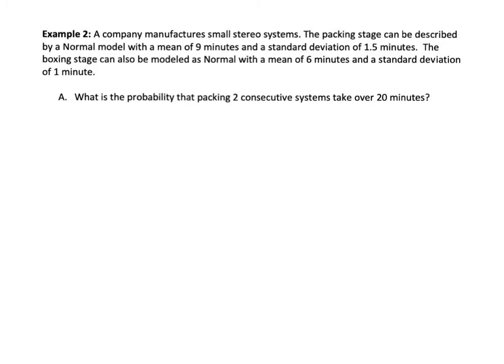So first we're going to look at what is the probability that packing two consecutive systems takes over 20 minutes. So I'm going to define some random variables first of all. So I've got a packing stage where I'm given mean and standard deviation, and then it talks about the boxing stage and its mean and its standard deviation.